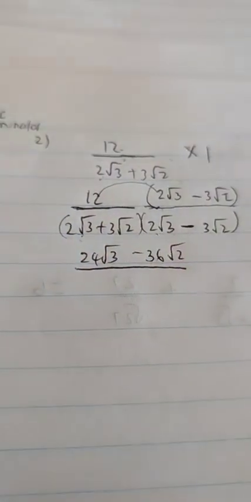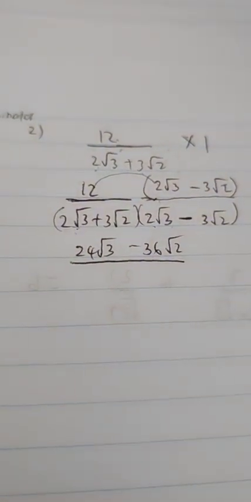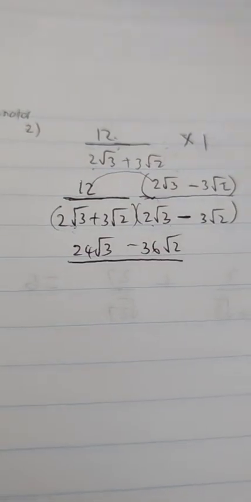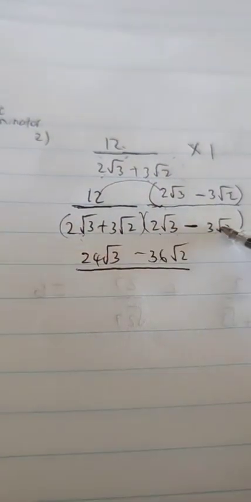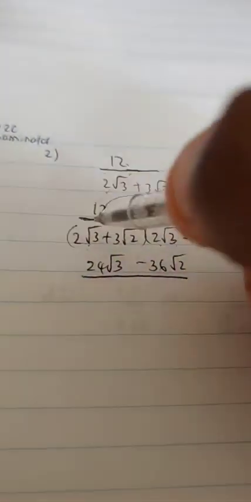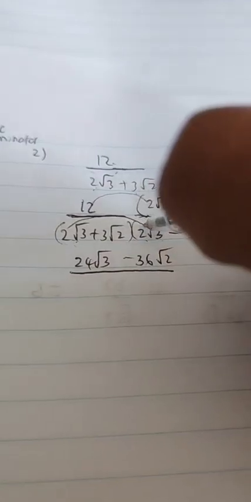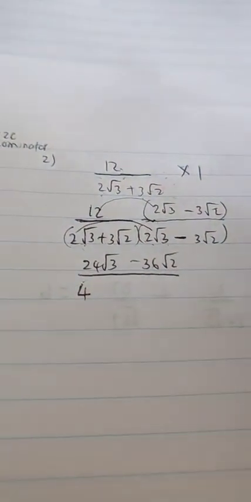Now here, this is the reverse of difference of two squares. So when you understand difference of two squares, there's no need for you to even think about the multiplication of what's in the middle. You are going to focus purely on multiplying this with that, getting the answer. So we have 4, because 2 times 2 is 4.